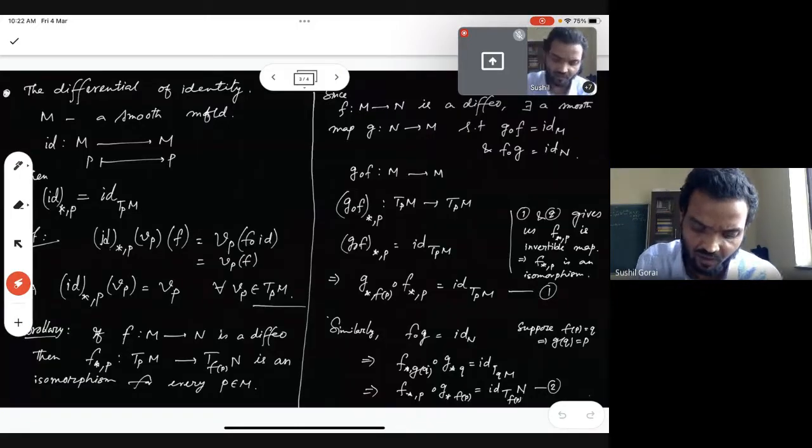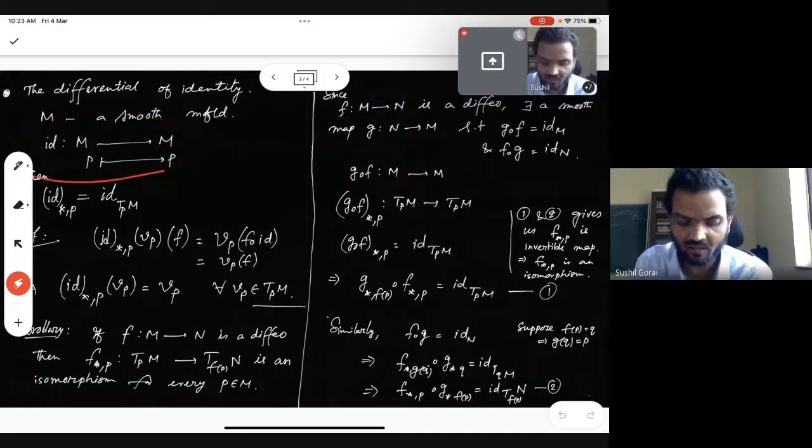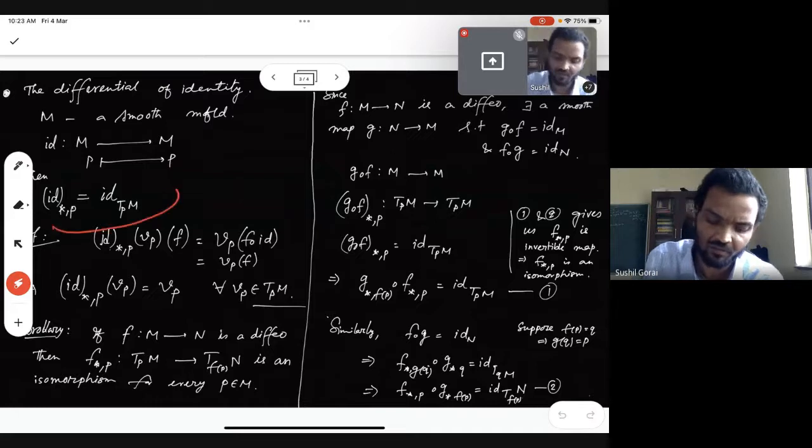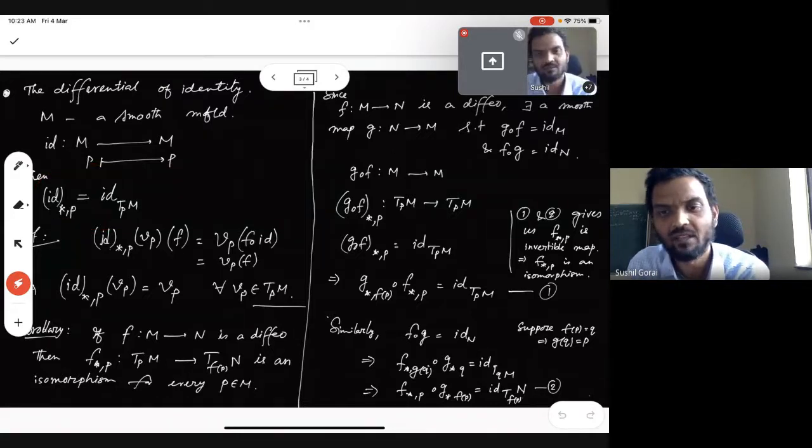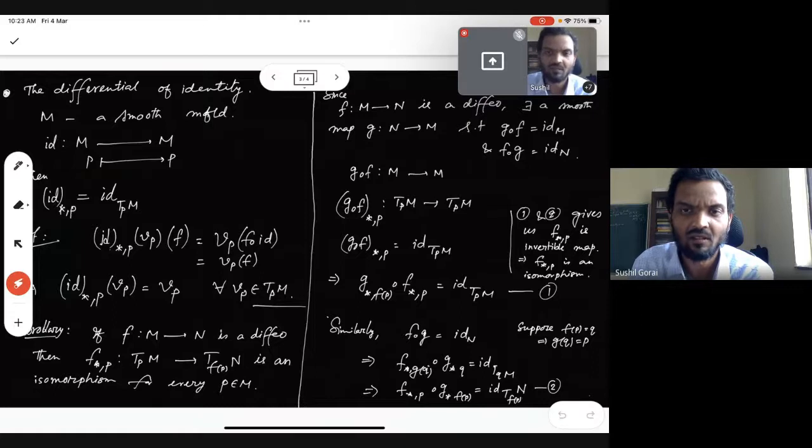All right. So similarly, the differential of the identity map would be the corresponding identity on the tangent spaces.